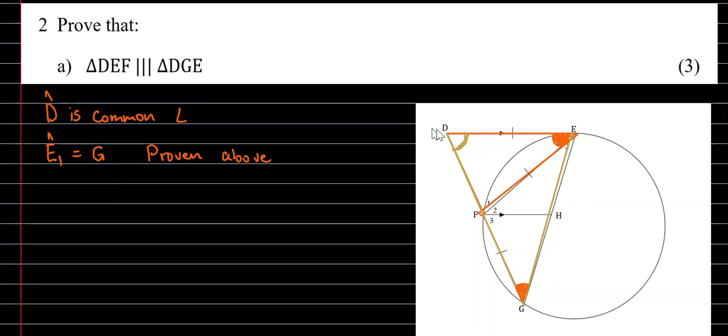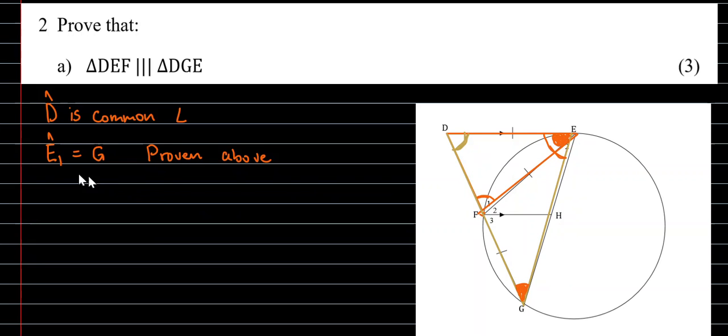Then now you are left with this angle for this small triangle. But for this huge triangle is this whole triangle, E1 and E2.